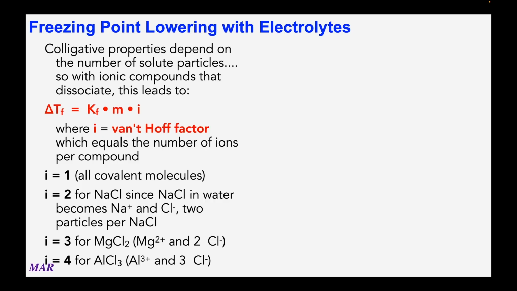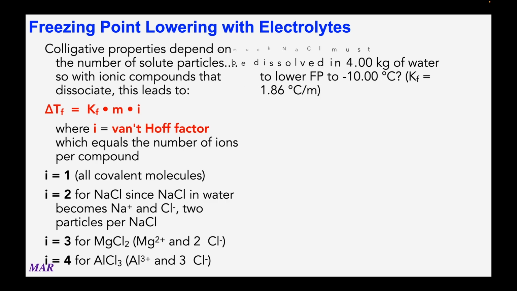So 1 magnesium and 2 chlorides, 3 pieces total. i factor is 3. So notice that you're adding up the number of ions to find the i factor. Aluminum chloride would be 4 because you'd have aluminum and 3 chlorides for 4 particles total, and it does affect freezing points, boiling points, stuff like that.